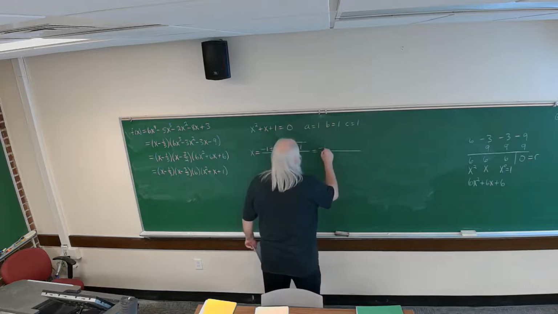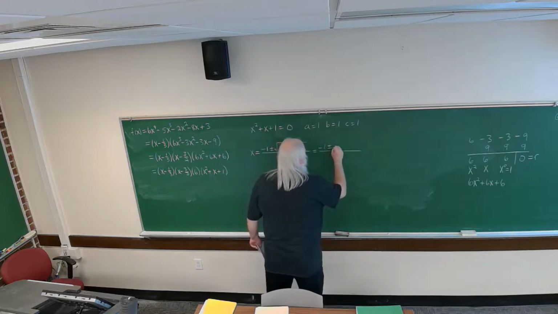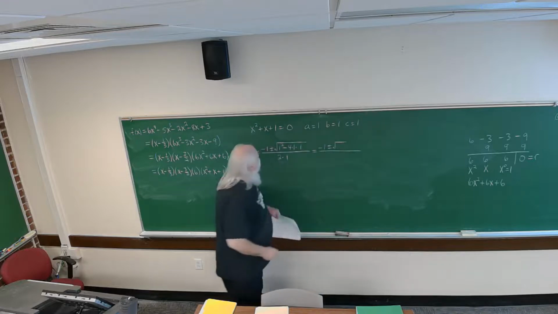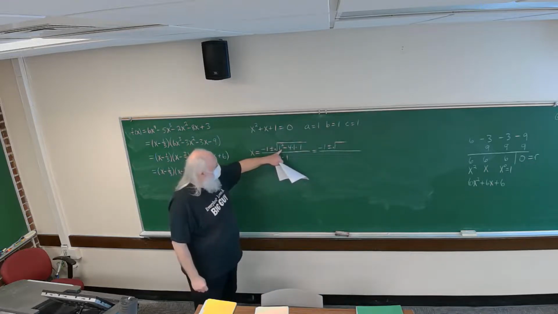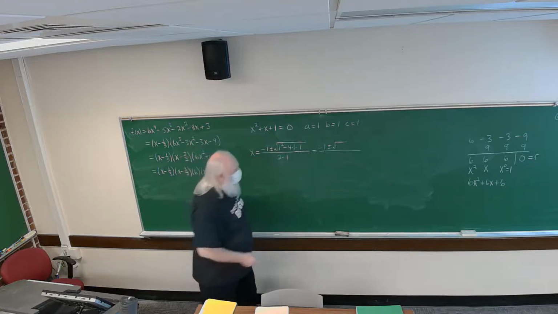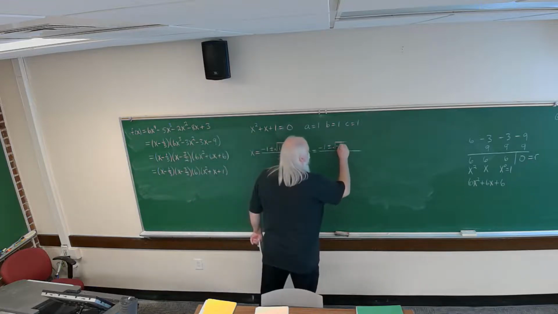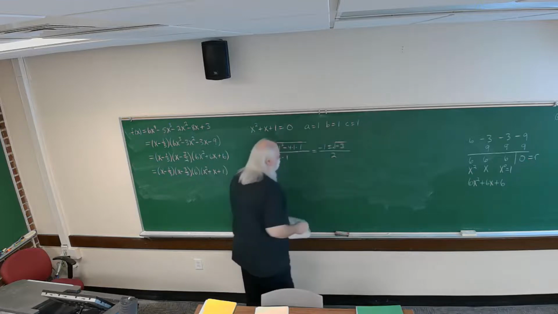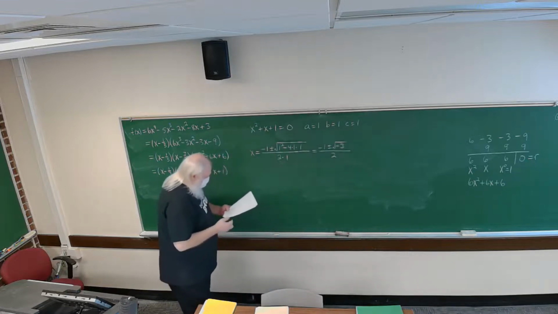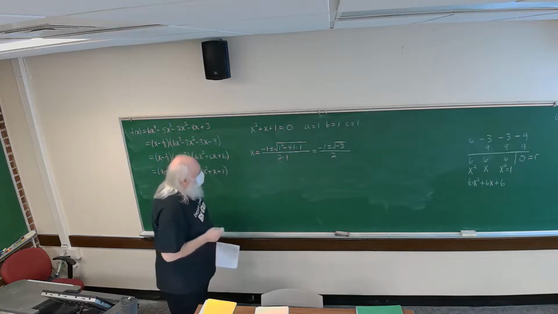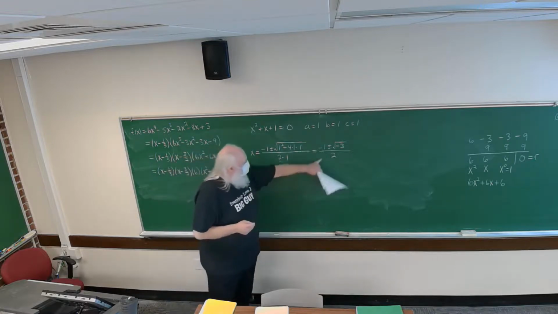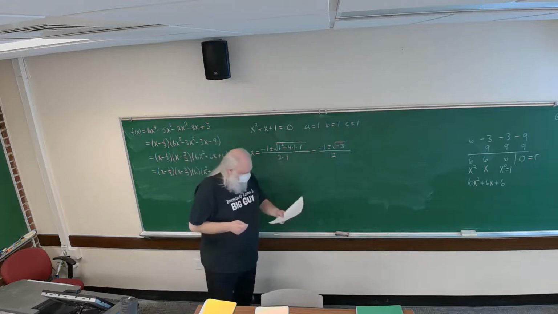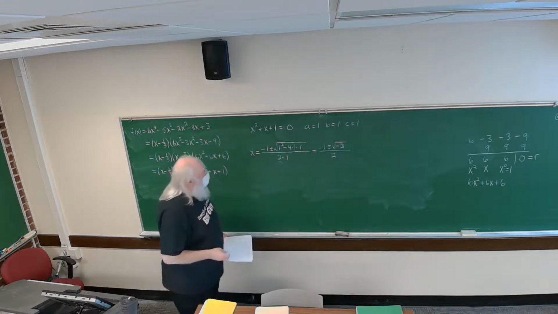So we have negative 1 plus or minus the square root. Well, when you simplify this, it's just going to be 1 minus 4, which is negative 3. So we have the square root of negative 3 over 2. Well, remember, division does not undo addition and subtraction, does it?